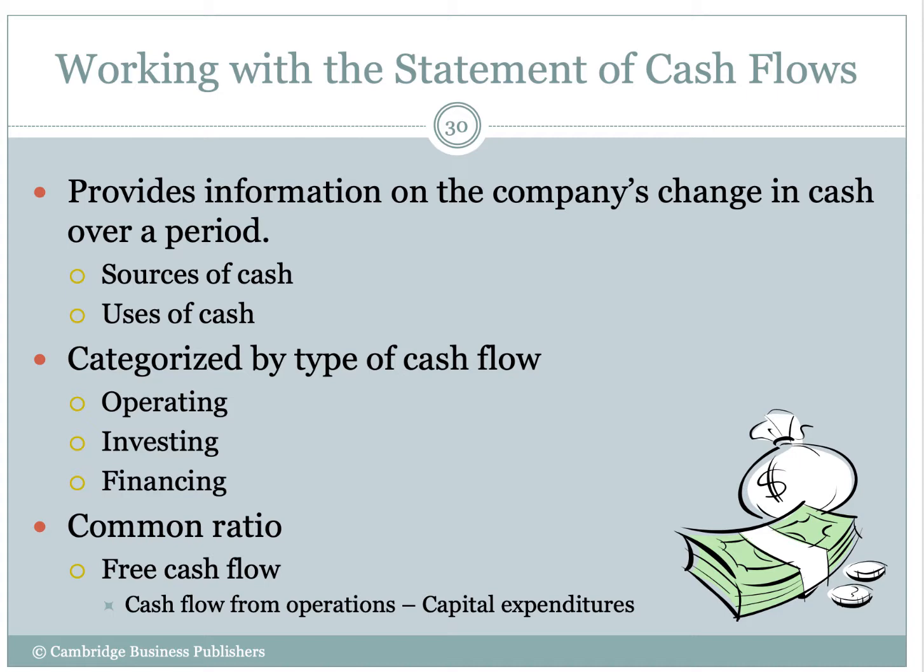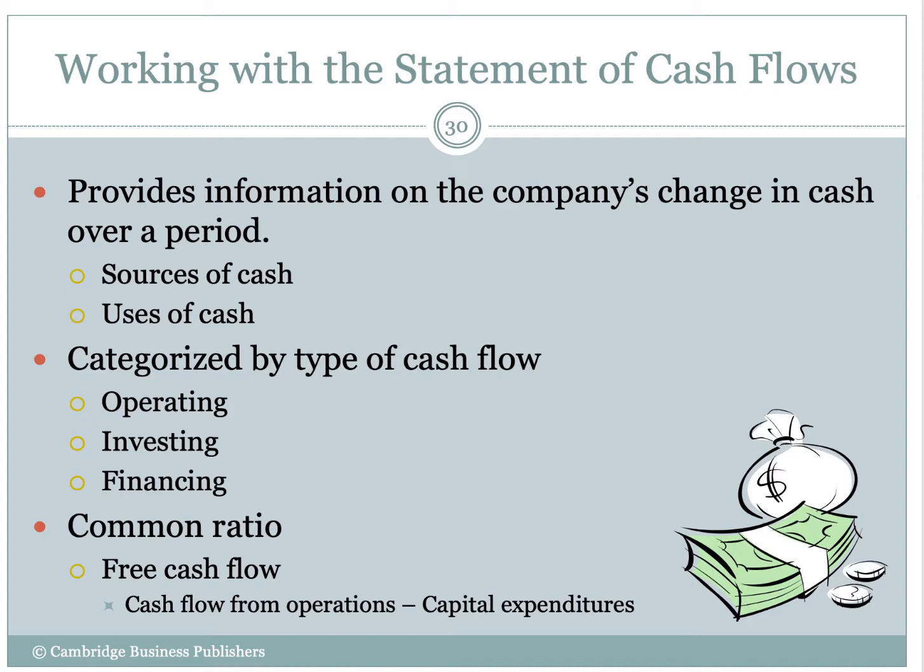Then we get into investing activities. What kind of cash flow are we getting from, or using, in investing activities? This can be a little confusing, because normally when you think investing, you think, I'm going to buy stocks and bonds and all that good stuff.